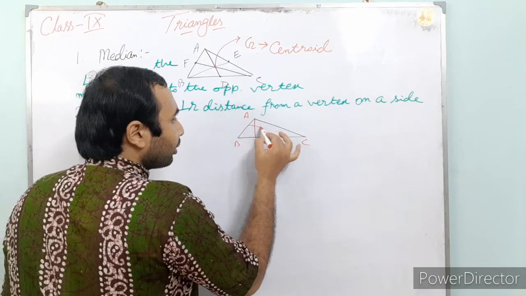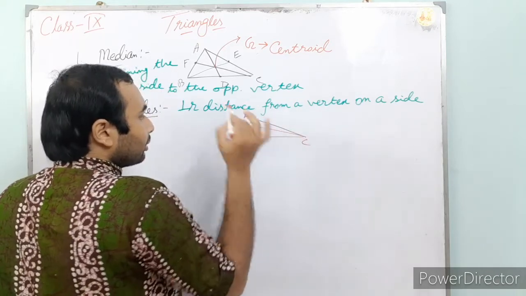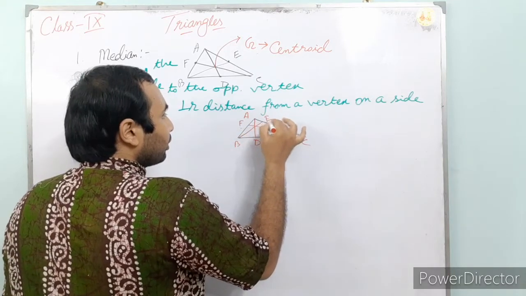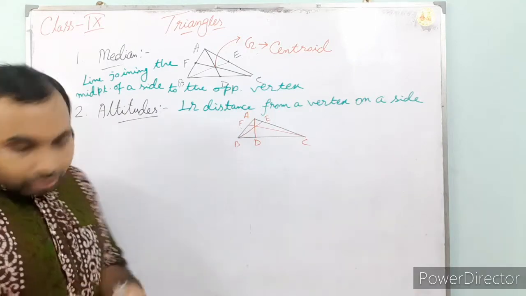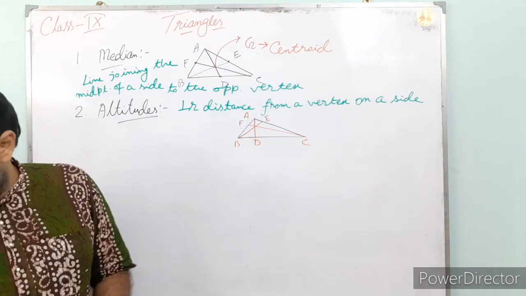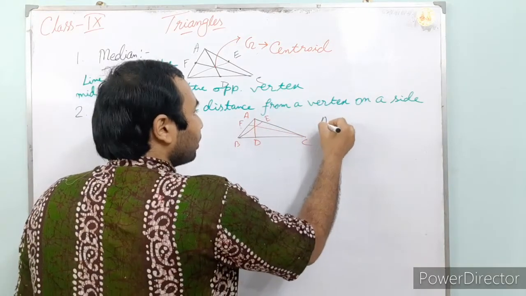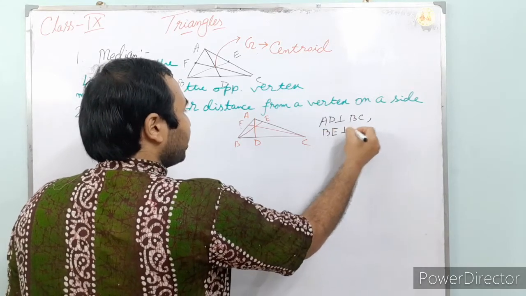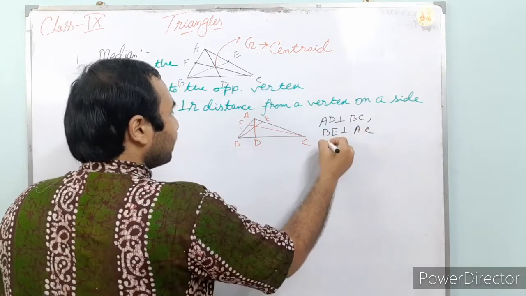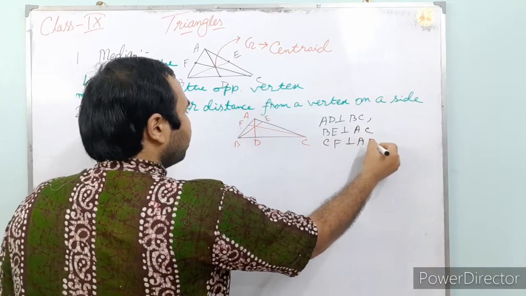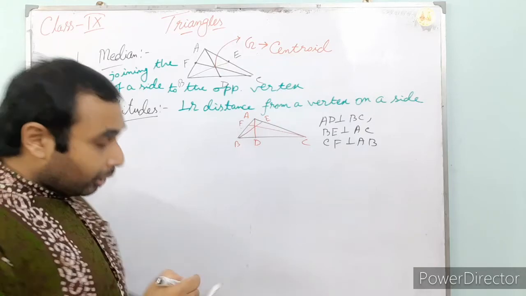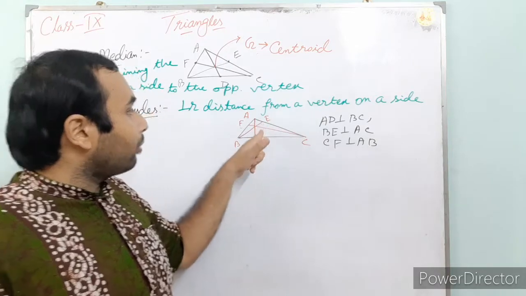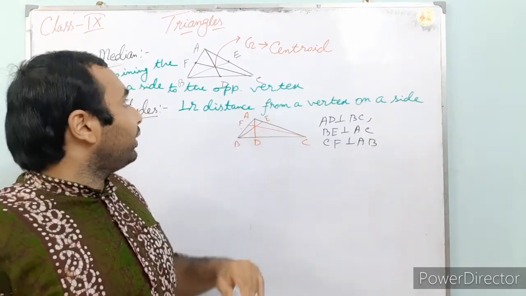Similarly CF and BE: AD is perpendicular to BC, BE is perpendicular to AC, and CF is perpendicular to AB. Those are the corresponding altitudes to those sides, and the lengths are different, as you see in the figure.